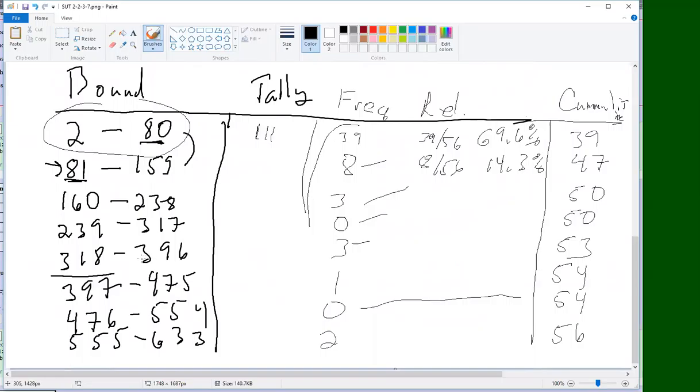I'm hoping you're saying that's the lower class limit for that class. We aren't going to put a number lower than 318 in that class. How wide are these classes? That's another question. You already know that, but I don't have it right on this picture. How can I figure out how wide these classes are? I could just subtract these numbers and they should be the same each time. So 79 is what we got.